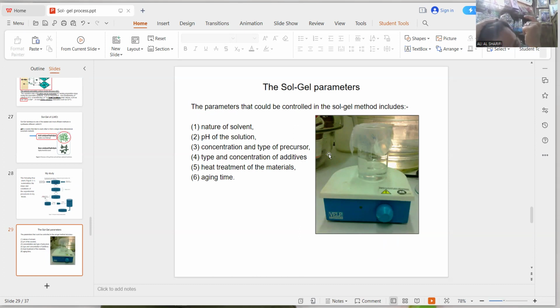Which ratio we will use, which concentration we will select to put in the liquid, in the glass. If this ratio is increased or decreased, there will be some difference in the final product. Also heat treatment of the material and aging time.